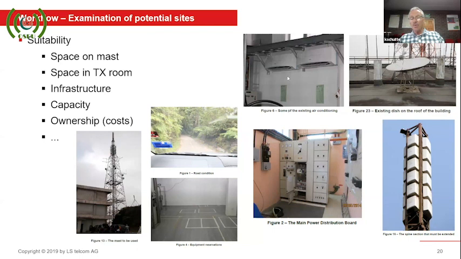You need to look at your air conditioning that's available to make sure that you can keep the transmitters within the operating temperature range. And that can be achieved either with air conditioning or with ducting that will remove the warm air outside the building.